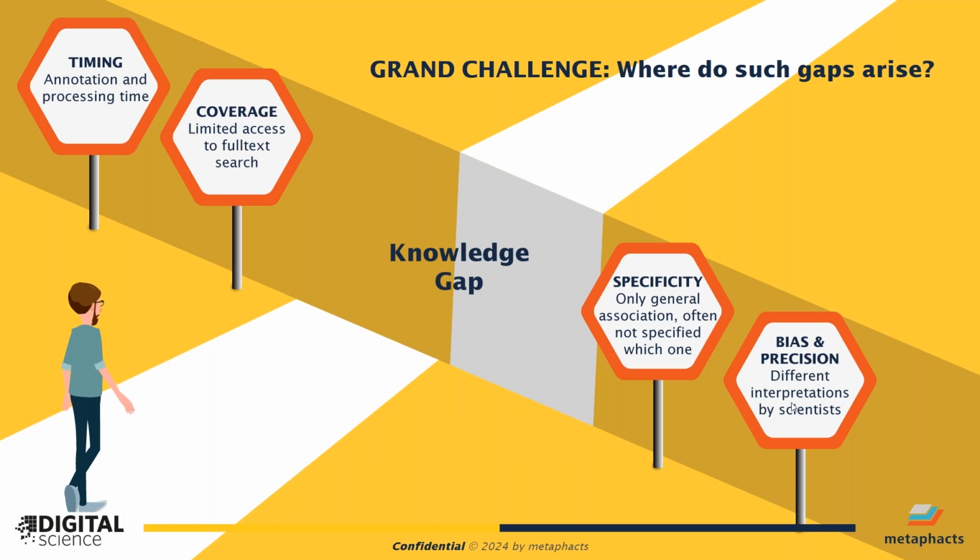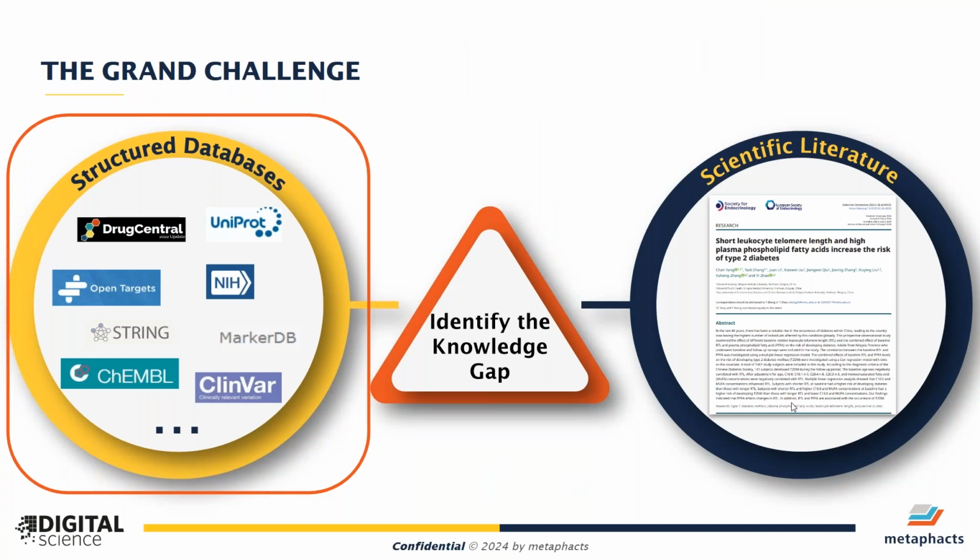And now we come to the question, what can we do, or what have we done in order to address this? The first thing that we have to look at, on the left-hand side, is that we need to get all the information from these different databases into one. And this task is where a knowledge graph can be very helpful, because knowledge graphs are designed to integrate data from all kinds of sources into one simplified format.